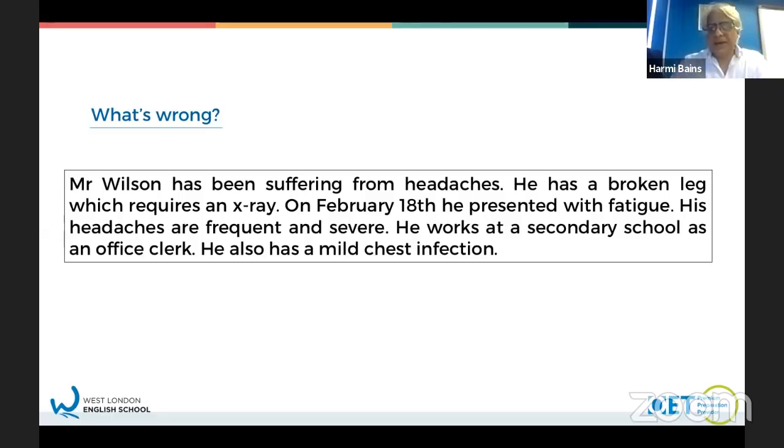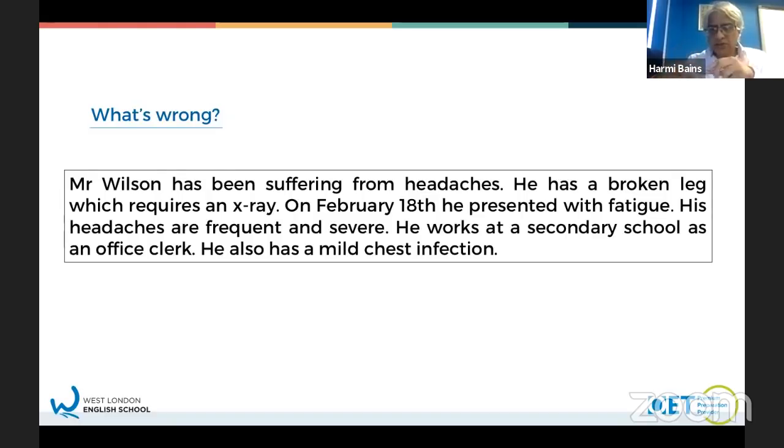If you think about it, this paragraph is a little bit messed up, really. Grammatically it's fine, the grammar is good, the spelling, the punctuation, all of that stuff is fine. It's written in the right style, but the organization isn't very good within this paragraph.